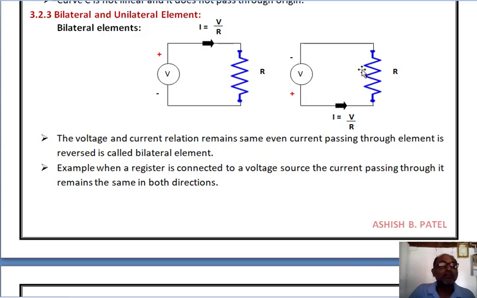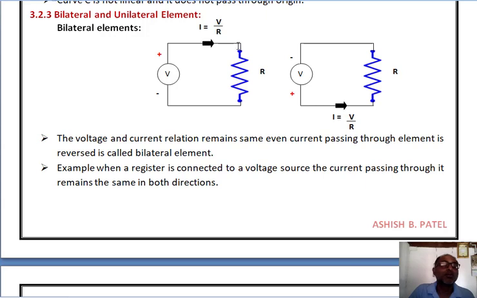Now in the second figure we are taking the same resistance and using the same DC source, but the polarity of this supply is reversed. In this case the current flows from higher potential to lower potential. Now you can see the direction. You can observe that the current passing through this resistance is different in both cases.